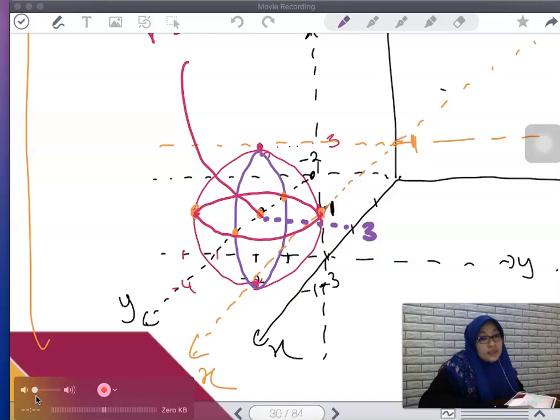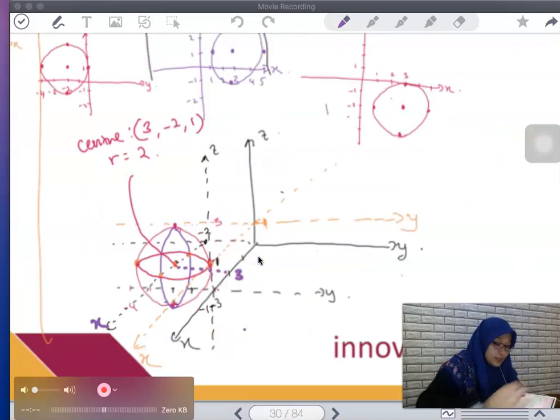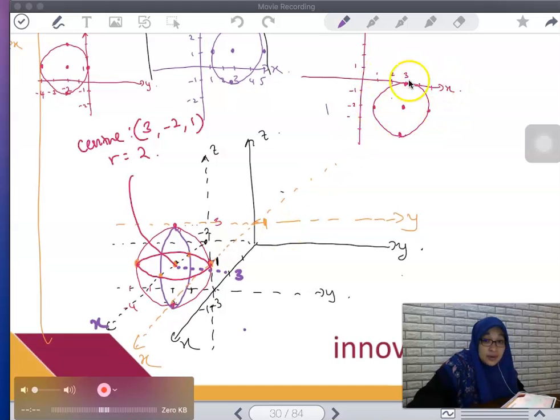Okay, back to the sketching just now. I found that I made some errors here. This one is not y, it's supposedly x. Also, the center of this particular circle on the y-axis plane should be at x equal to 3, y minus 2.